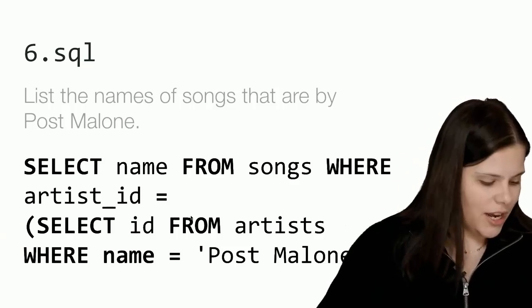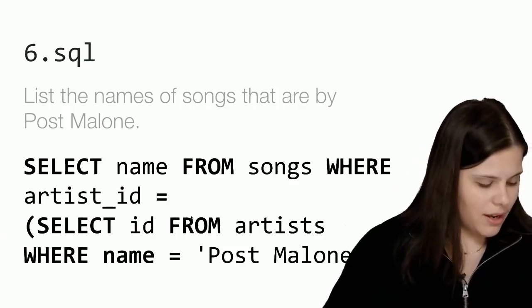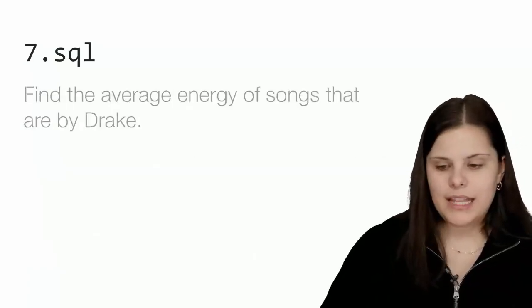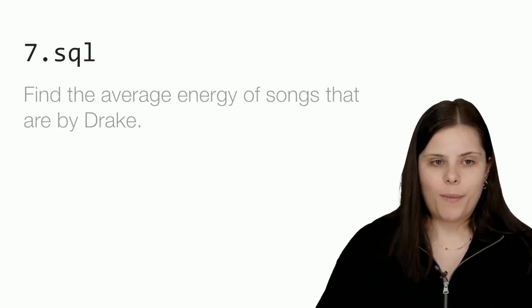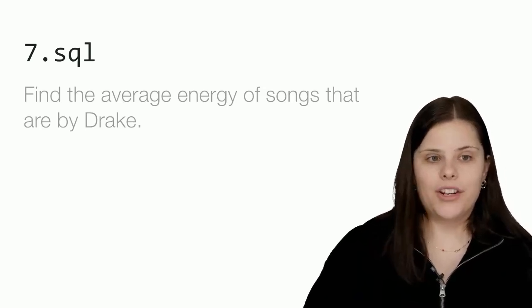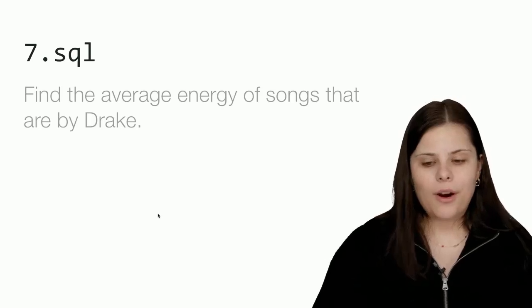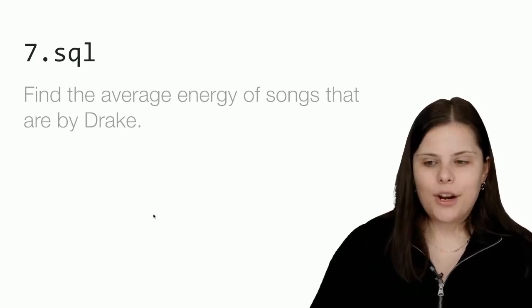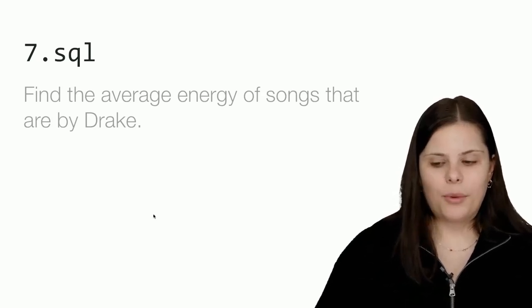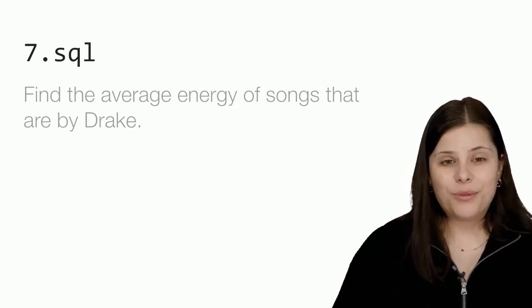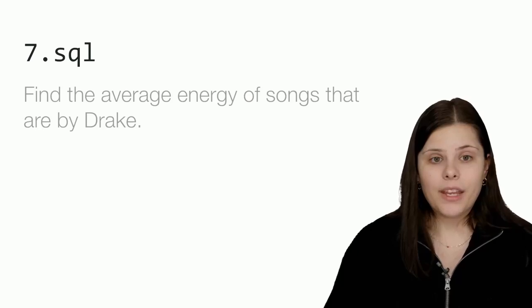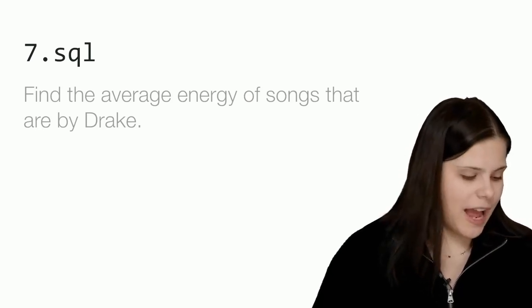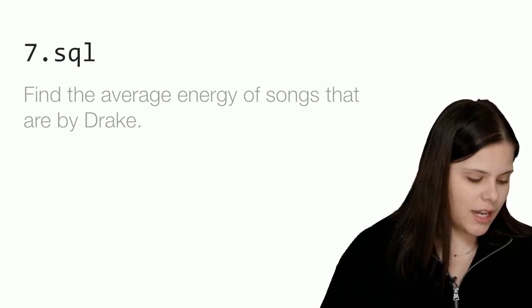So let's consider another one where we want to find the average energy of songs that are by Drake, adding even more layers. How do you want to go about that? Again, thinking from innermost to outermost, first we would like to find Drake's ID to make sure that we have that reference.